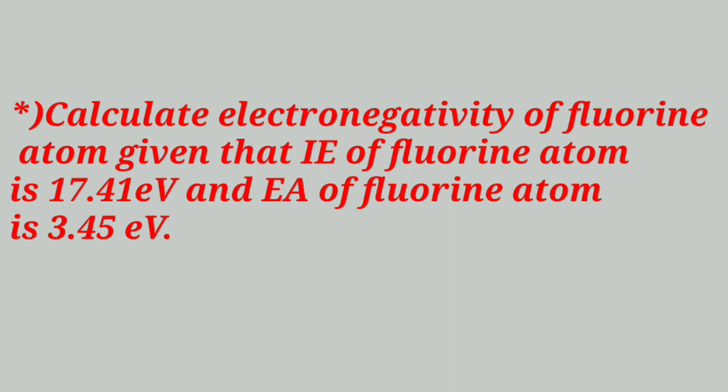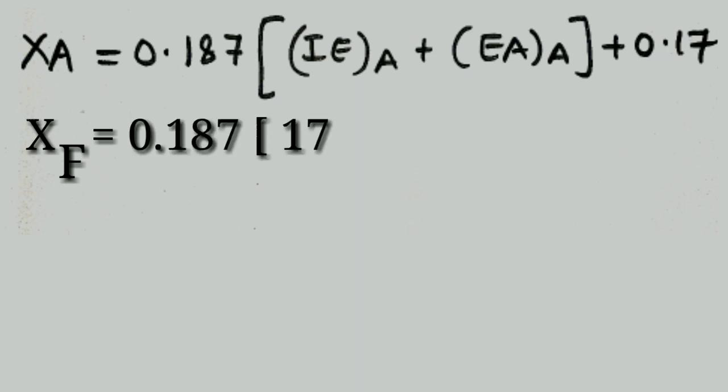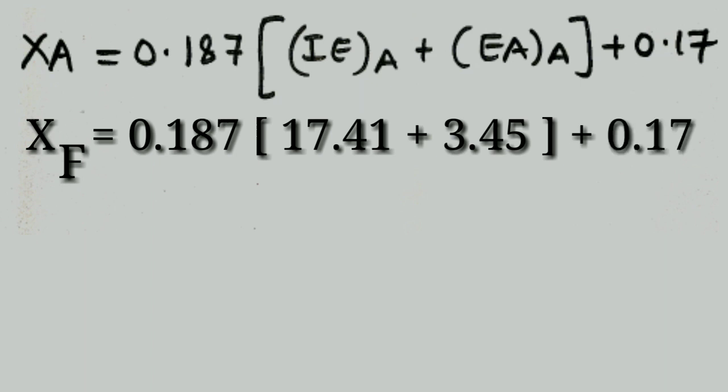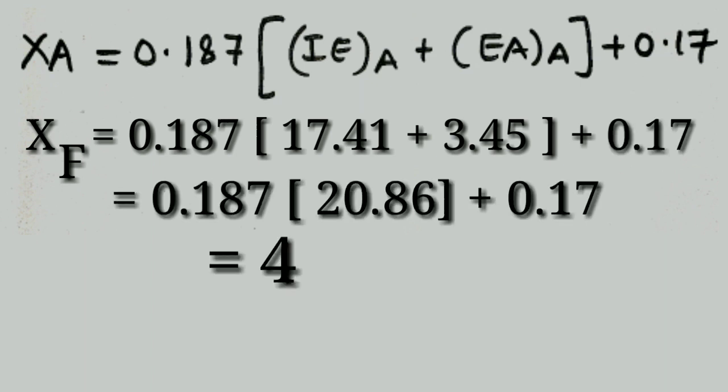So students, using Mulliken's formula, let us substitute the above values. In this formula, I am substituting only the values of ionization energy and electron affinity. On further calculation, we get the answer as 4.07. That is the electronegativity value of fluorine atom.